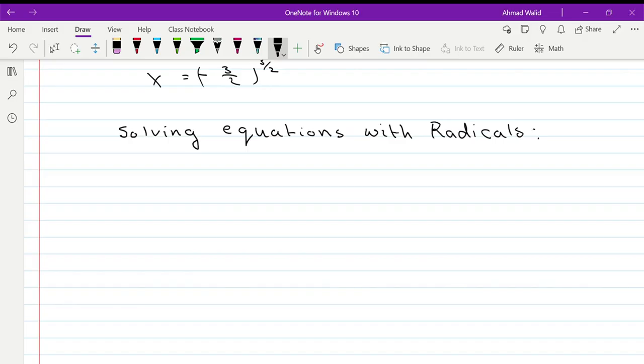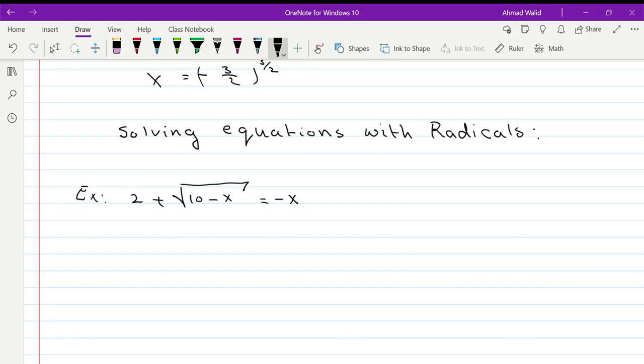For example, I'll explain it in example for you how to deal with these equations. 2 plus square root of 10 minus x equals negative x. They are asking you to solve this equation.